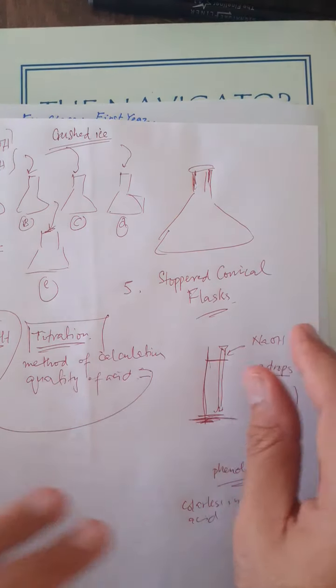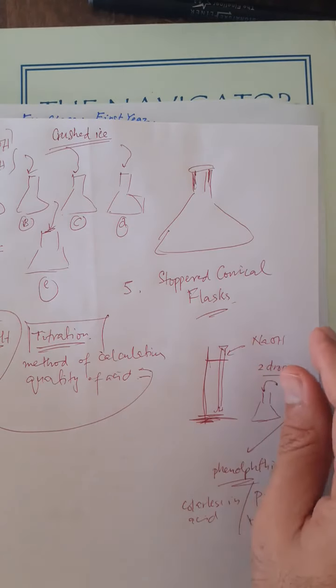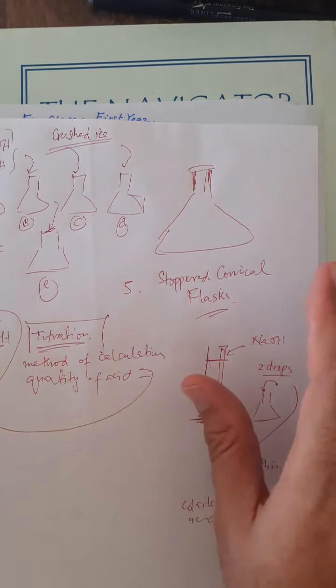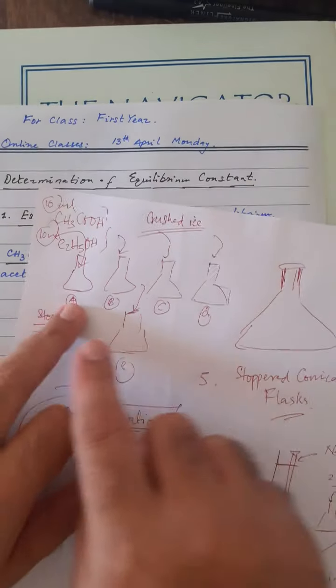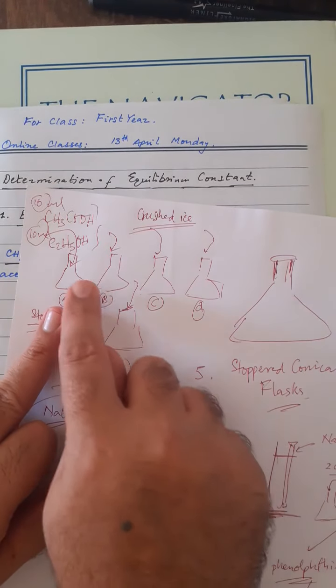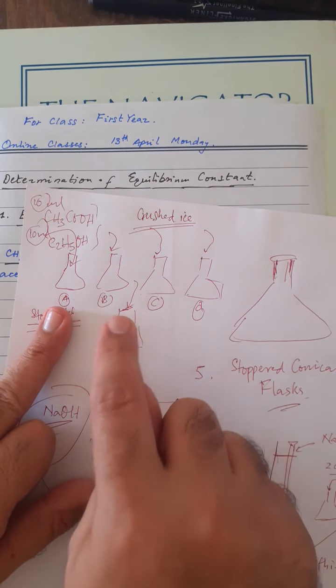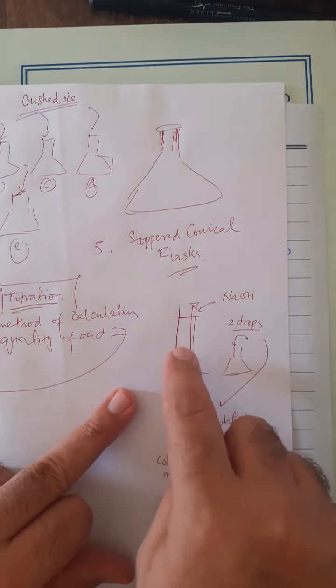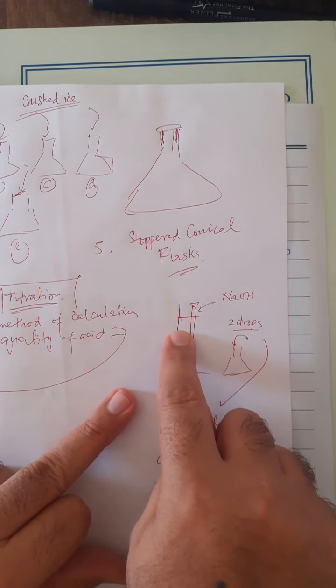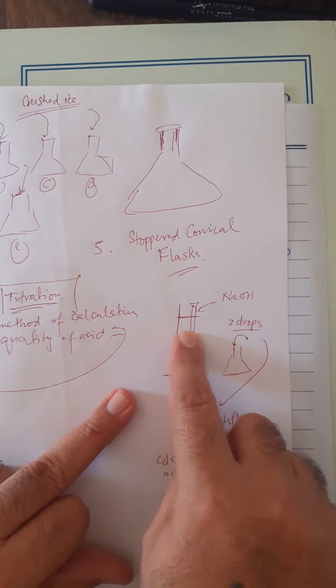This is a very long story. Please don't be confused. But the overall purpose is that we have to find in which of these flasks exactly 10 ml of sodium hydroxide consumed shows a permanent pink color, because that flask will contain the equilibrium concentration, because the equilibrium will be established in that one.